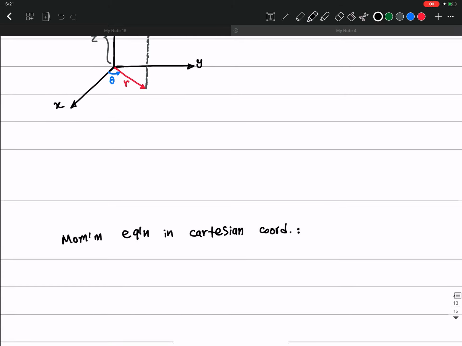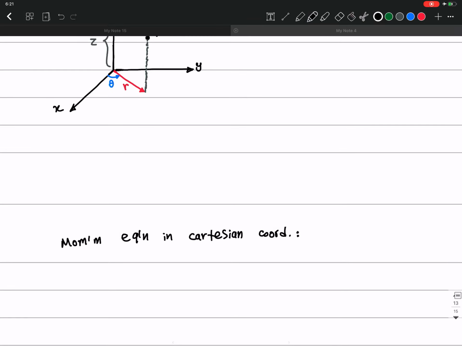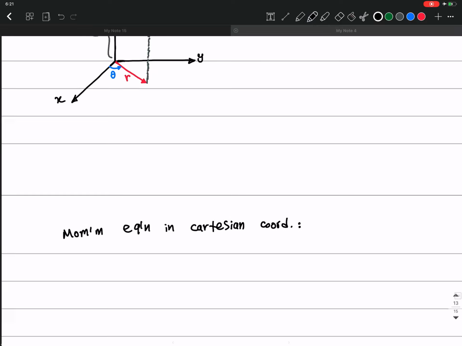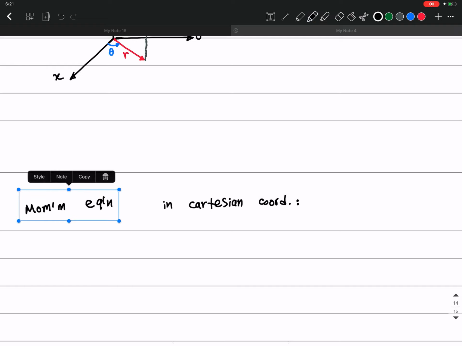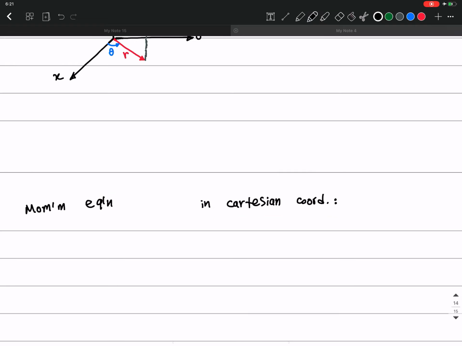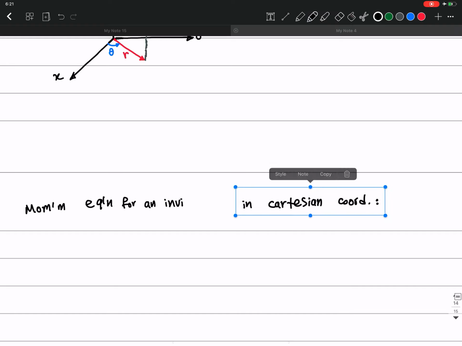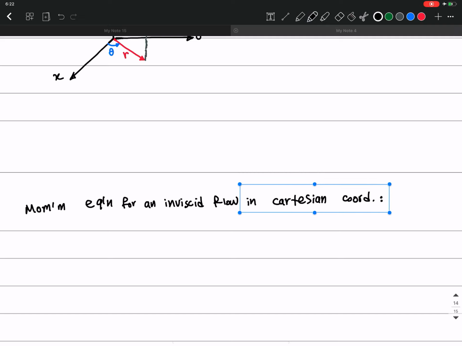So in the simple Cartesian coordinate system, that this is what we typically use, the momentum equations are as follows for an inviscid flow in Cartesian coordinates.